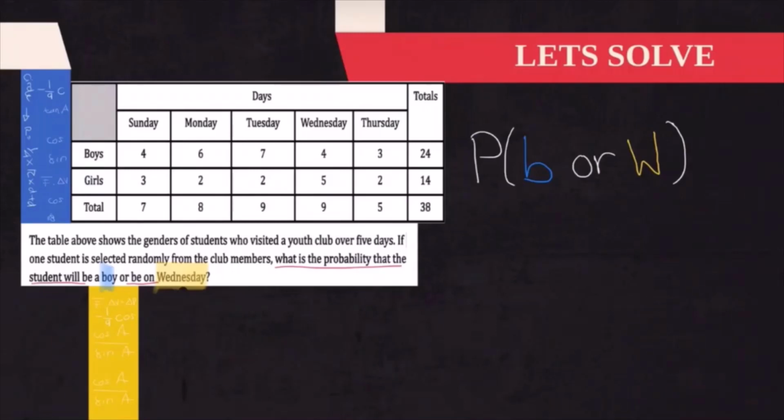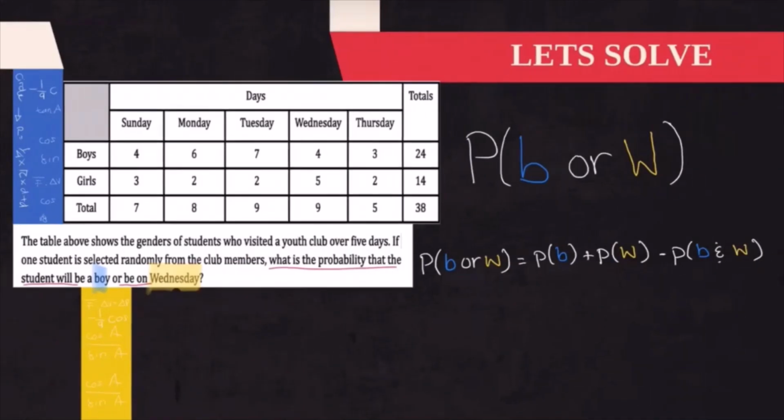So we'll have to use the probability of a union formula to solve this question, which is the probability of a boy or Wednesday equals probability of a boy plus the probability of Wednesday minus the probability of a boy and Wednesday.